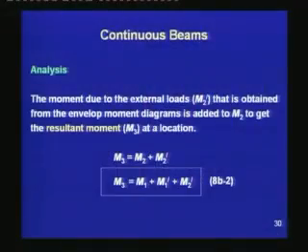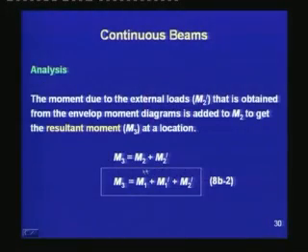The moment due to the external loads, which will be denoted as M2 prime, is obtained from the envelope moment diagrams, and that is added to M2 to get the resultant moment M3 at a location. Thus, the final resultant moment M3 is the moment due to the prestressing force, which is M2, plus the moment due to the external loads, denoted as M2 prime.